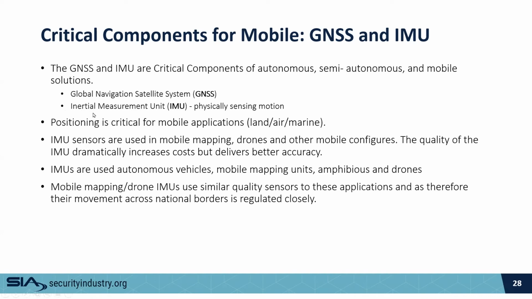Likewise, the inertial measurement unit, the IMU, gives us physical sensing of where we are in space. Some of these sensors cost $80,000 or $90,000 and are used to project rockets into space, but the IMU is a critical component. So again, the more complexity we add, the more we may need a service provider. We might need to lean on technology to solve these problems.